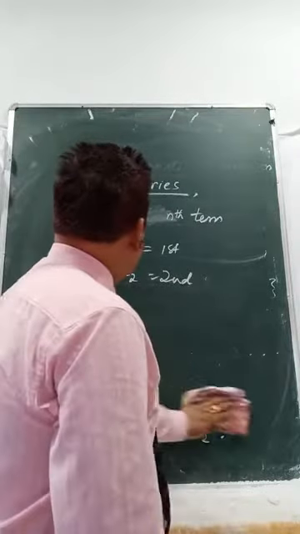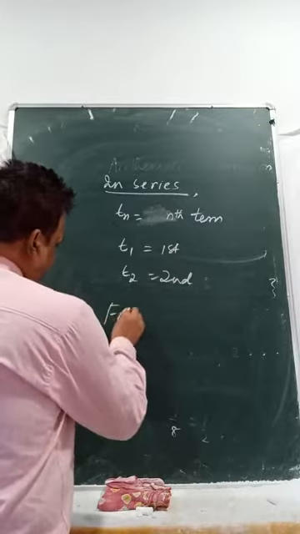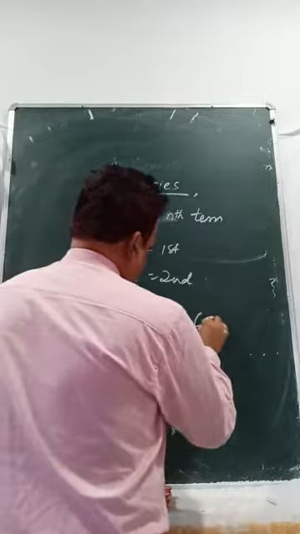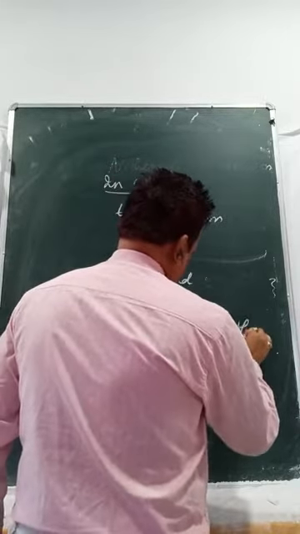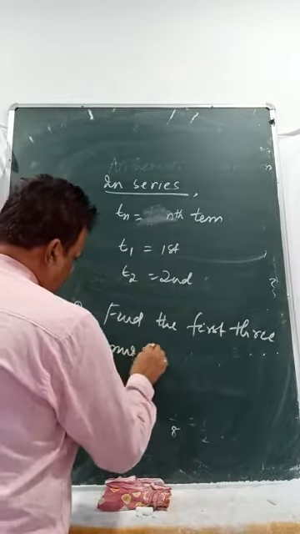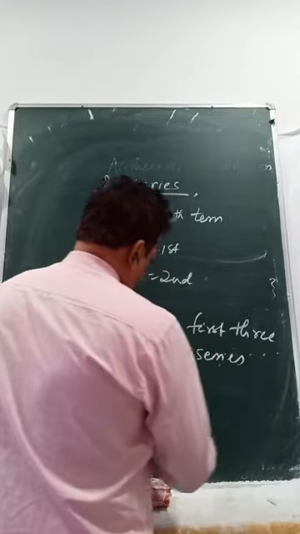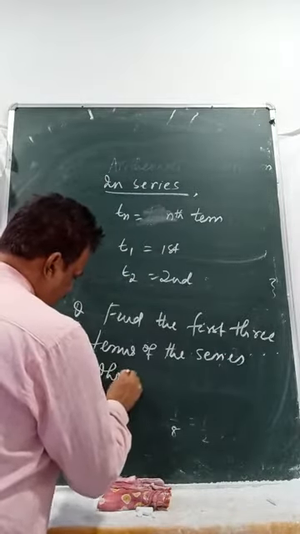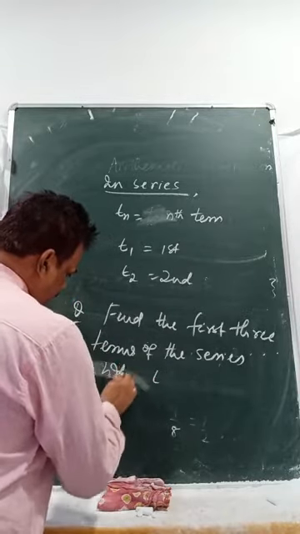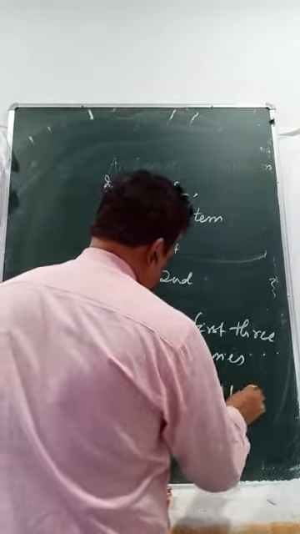Now if I get, find the first 3 terms of the series where Tn equals 2n plus 1.